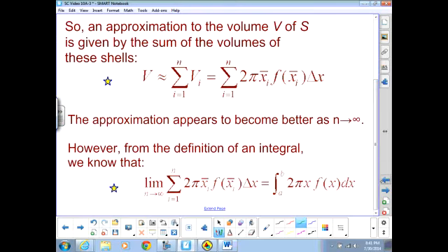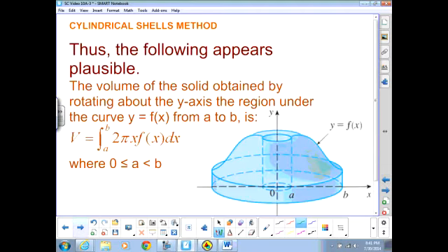As the number of those rectangles goes to infinity, that'll eventually become an integral, where this is our radius and this is our height. So your height is some function, and your radius is also a variable. So that integral will be the exact volume of our solid.